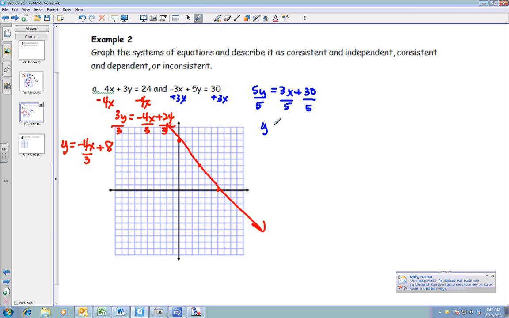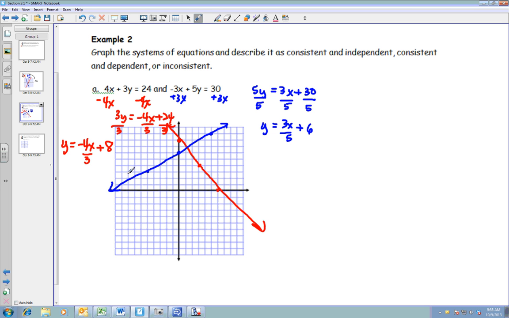I have y equals 3x over 5 plus 6. Now let's graph that. My y-intercept is 6, and my slope is 3 over 5. So I can go up 3, 1, 2, 3, over 5, 1, 2, 3, 4, 5. Or I could go down 3 to the left 5. Okay, I'm going to draw that line in.